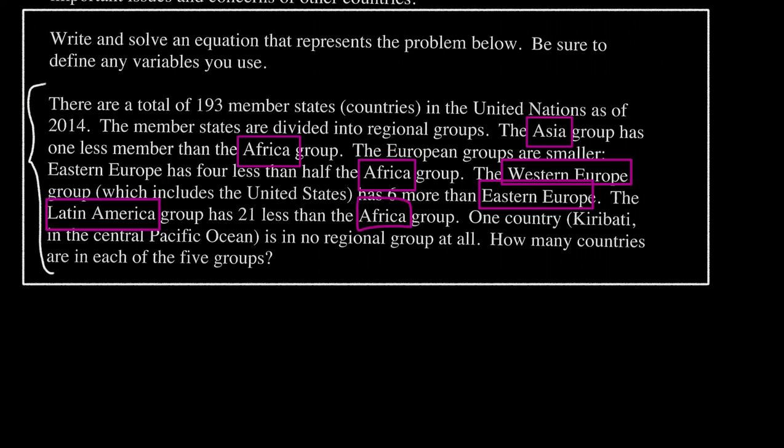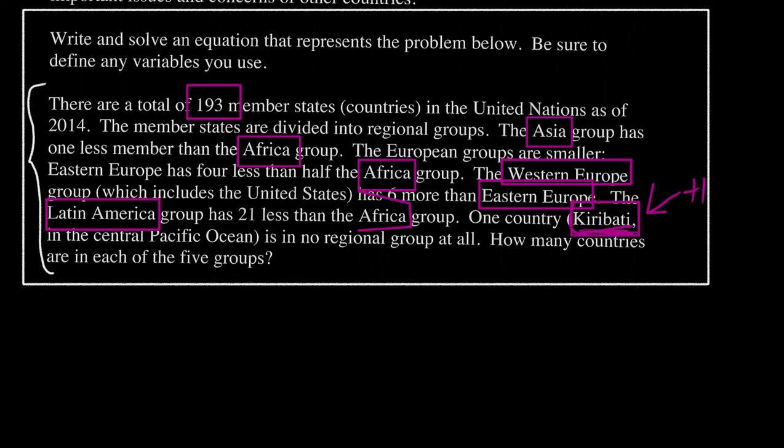And one country, Kiribati, in the Central Pacific Ocean, is in no regional group at all. Oh, so there's this one that's all by itself. So of the 193, there's a +1 for this group right here.